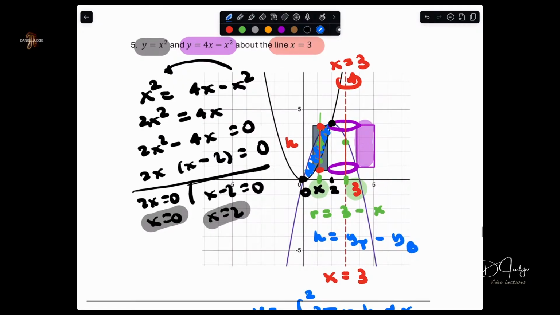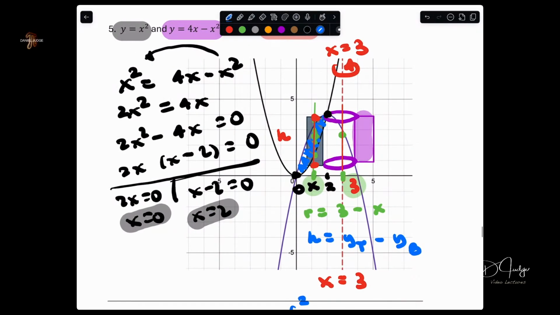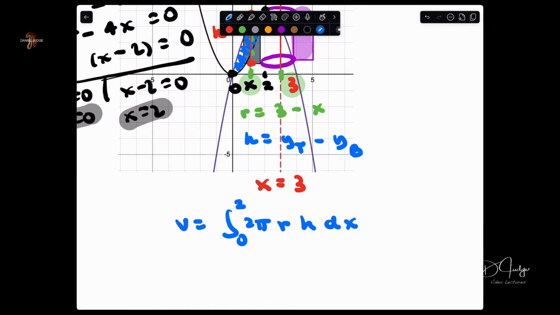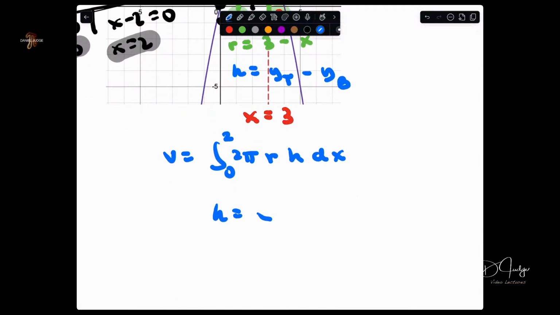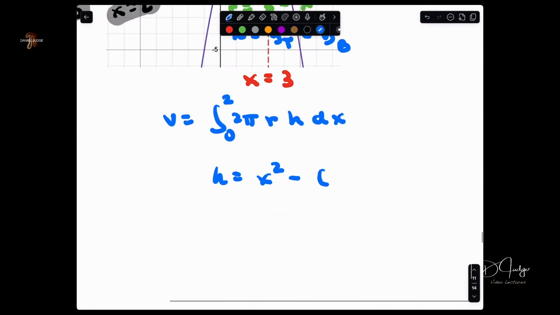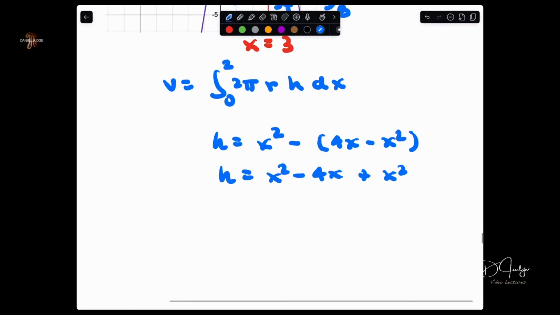The one that opens up is black. So x squared minus, this is the height now, x squared minus 4x minus x squared. So your height really becomes 2x squared minus 4x.